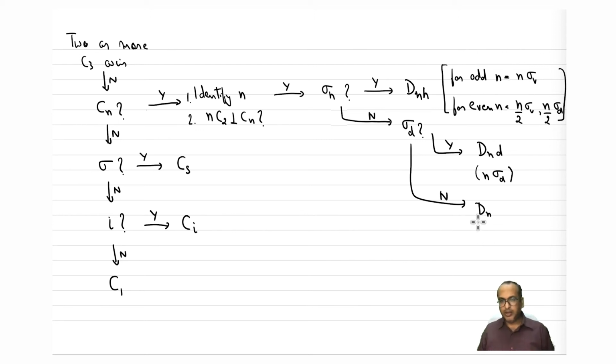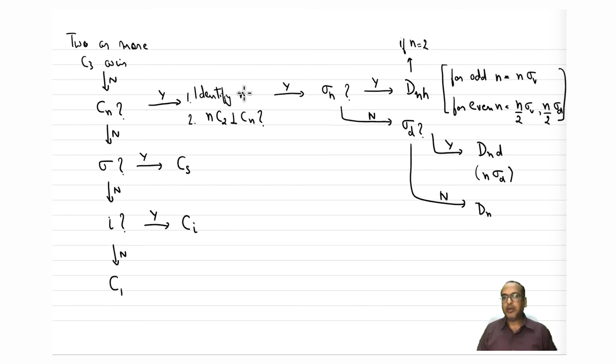Also, there is one important point for Dnh. If n is equal to 2, that means there is a C2 axis and there are two C2 axes perpendicular to the original C2 axis. So there are three C2 axes which are perpendicular to each other. We have already discussed this case previously.